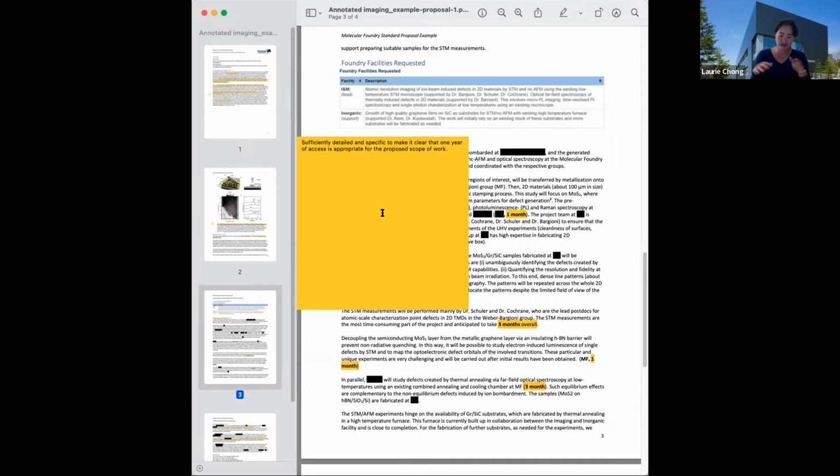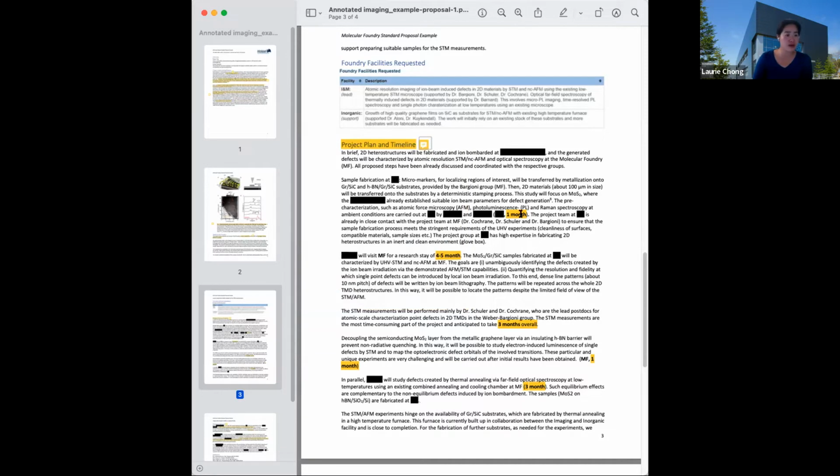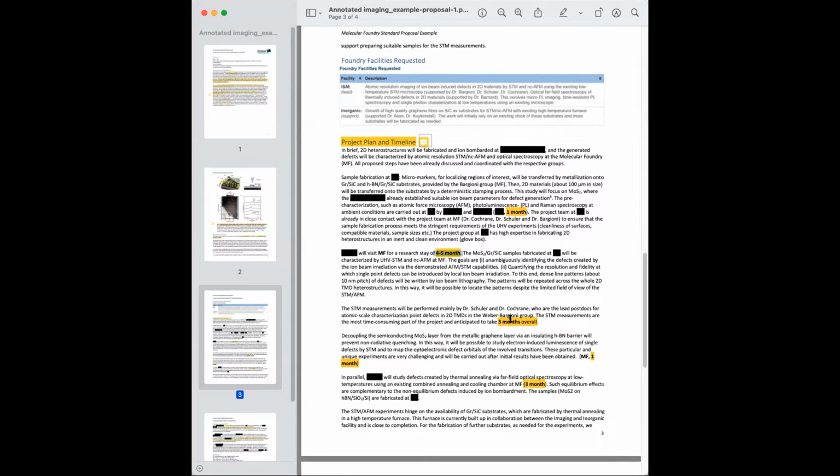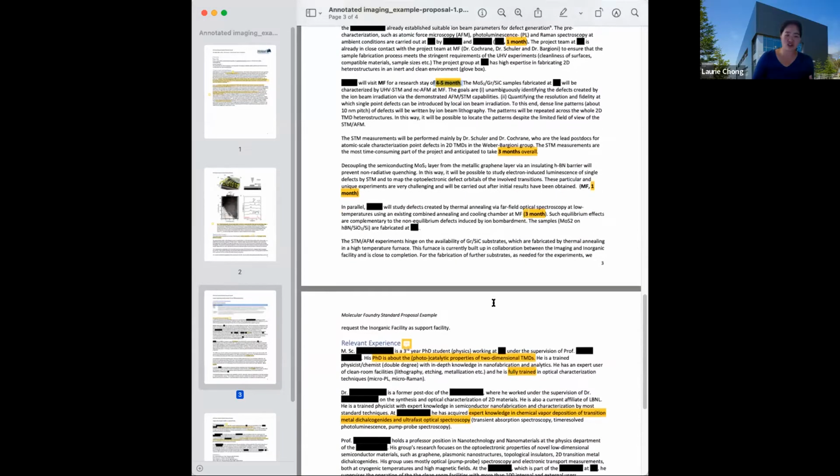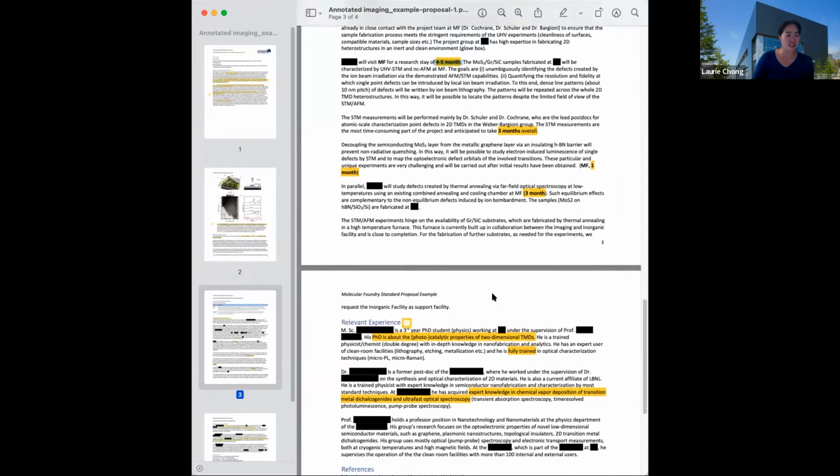First, you have to take a chunk of your idea and make sure that it's actually doable within one year. And so you can see where it's being specific in these different paragraphs about how long you anticipate certain things to take, how long a certain person might be working on site at the Foundry. And then overall, that should roughly fit within one year.